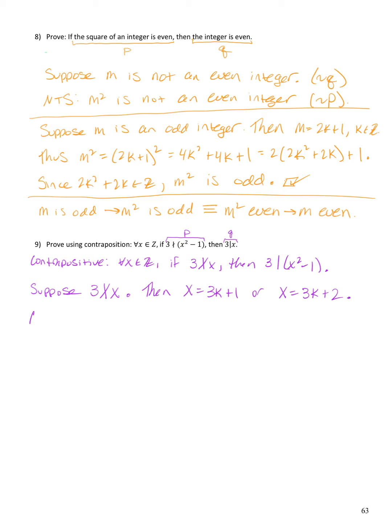So let's see, case 1, x equals 3k plus 1.